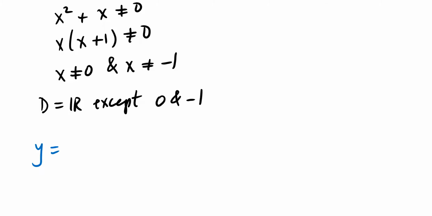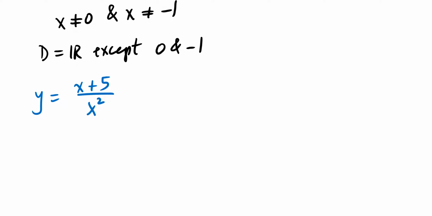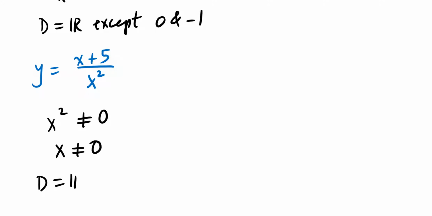Next one, if you have something like this, what would be the domain? Well, we make sure that the denominator is not 0, so x is not 0. So the domain is all real numbers except 0.